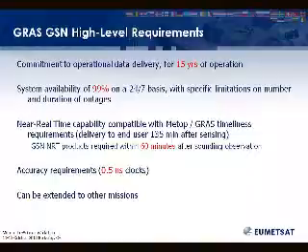The GRAS GSN high-level requirements are to support 15 years of operation, because we have a series of 3 spacecraft, each with a nominal life of 5 years. We ask for a system availability of better than 99% on 24/7 operations.